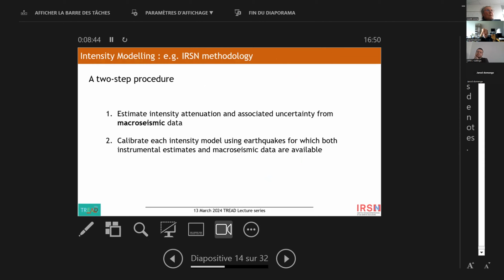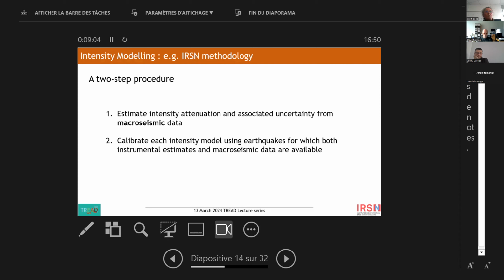So what we developed is a two-step procedure, whereby in the first step, we estimate intensity attenuation and the associated uncertainty from macroseismic data. And then we calibrate each intensity model using earthquakes for which we have both instrumental and macroseismic data.